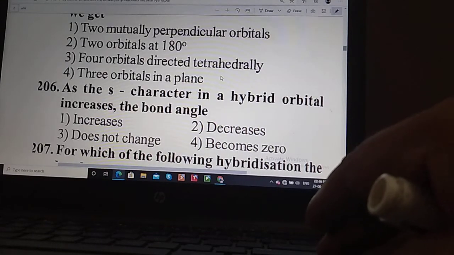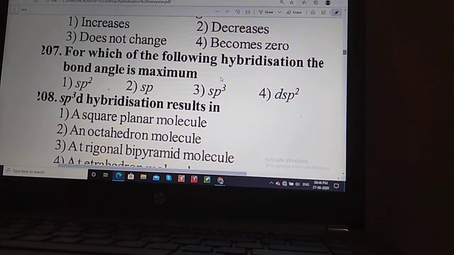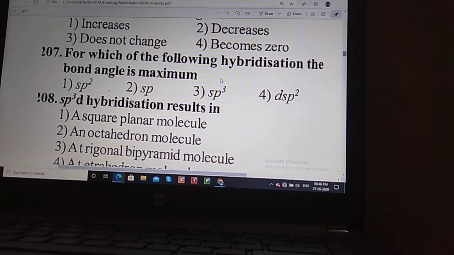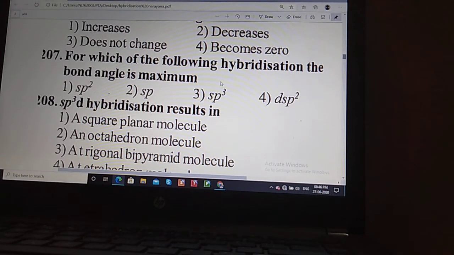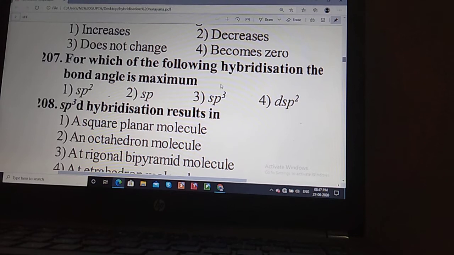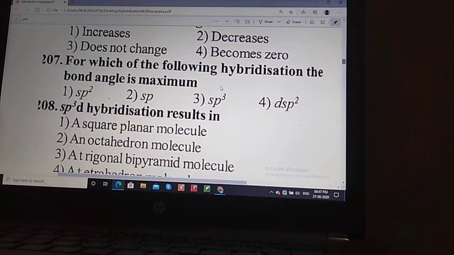207, student. What is question number 207? For which of the following hybridizations is the bond angle maximum? They are asking which has the maximum bond angle, student. They have given sp, sp2, sp3 and dsp2. Dear student, come to the board to understand this question.